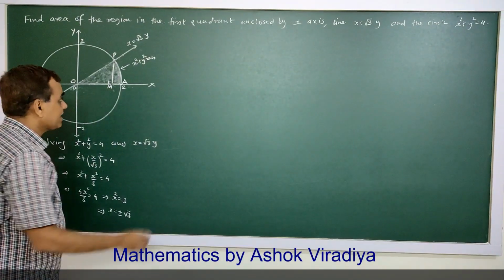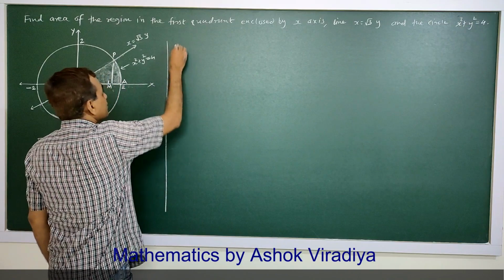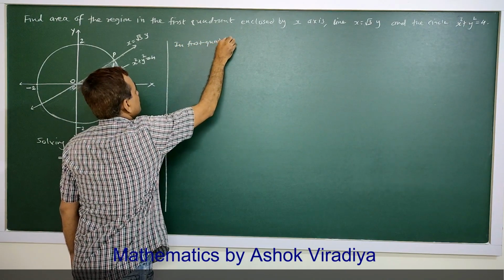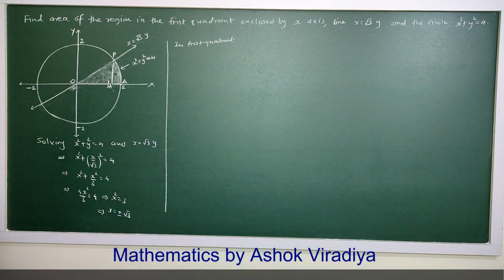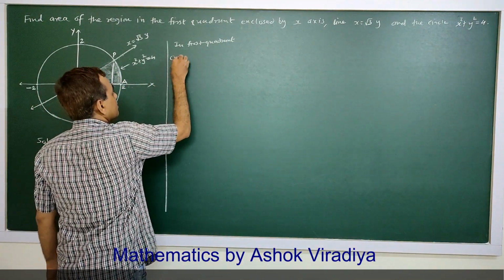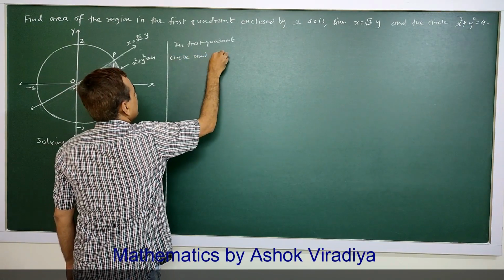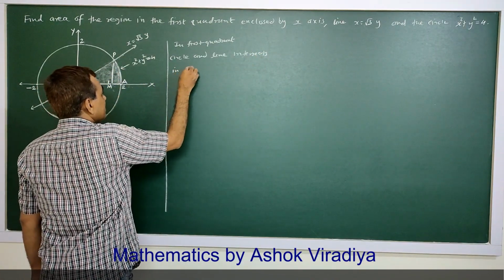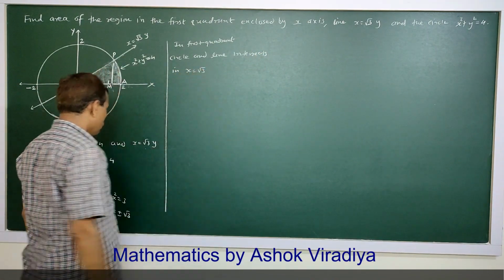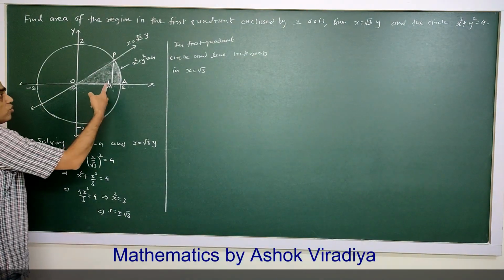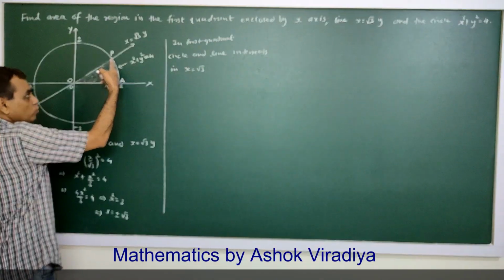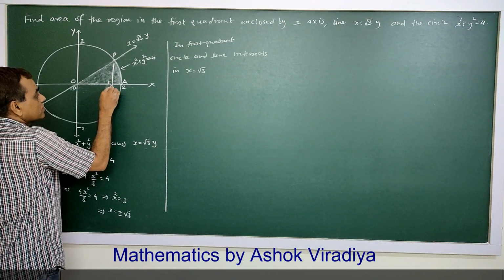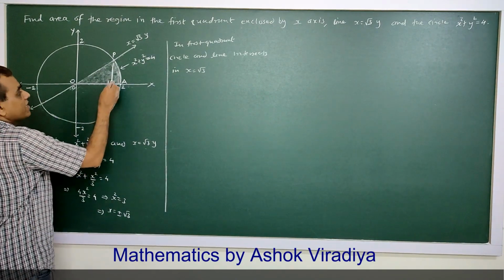So the circle and line intersect at x equal to root 3. So this point has x coordinate root 3, therefore on the x-axis here we keep root 3. This point is M.